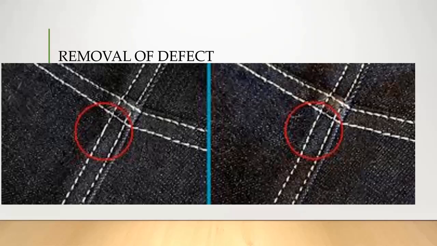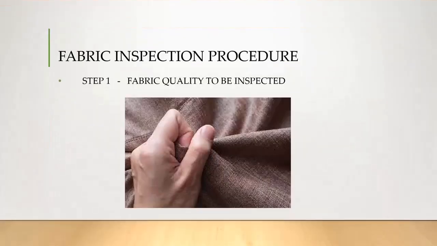But in another picture, you can see that it is a very uniform seam. So when it has been detected, the particular seam has been replaced with the next one. That is the important thing in this categorization of the defect and how to tackle the defect in the garment industry.